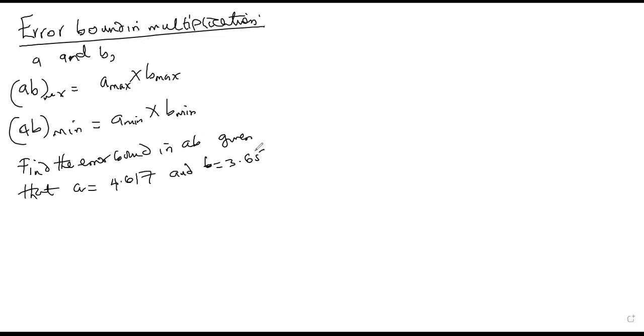Okay, so if you have that, how do we get the error bound in AB?